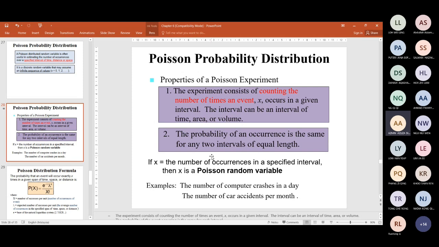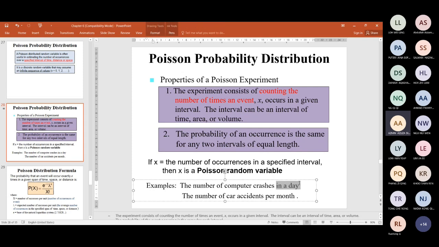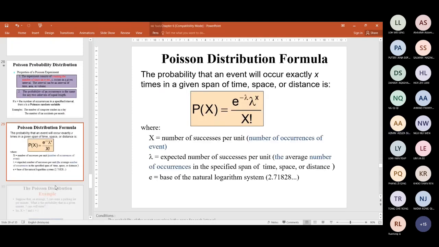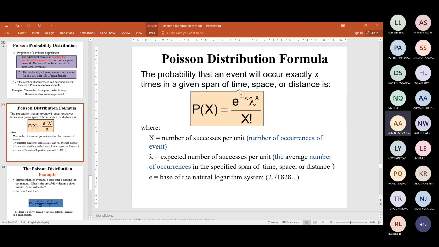In a day, how many calls do you receive? It's Poisson. So the number of computer crashes in a day, the number of car accidents per month. We have an interval of time here, a day, per month. That is Poisson.